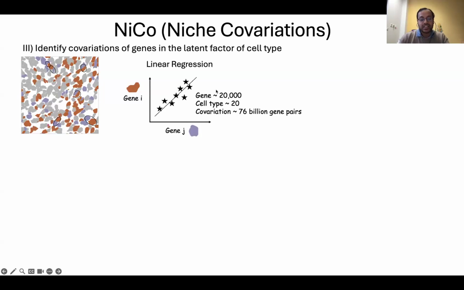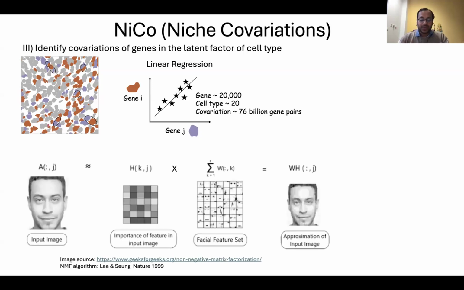A simple relationship can be a linear regression, but in an ideal scenario where genes can be 20,000 and cell types can be 20, this covariation leads to 76 billion pairs, which is not possible to understand. So for that, we use a dimensionality reduction method.